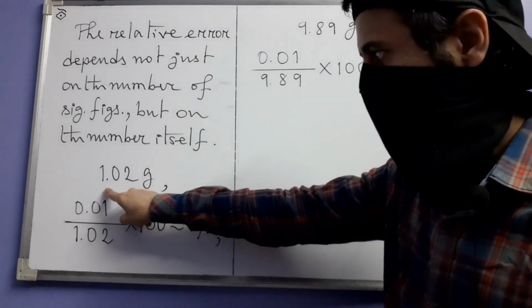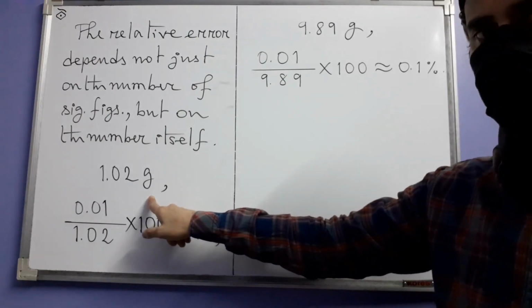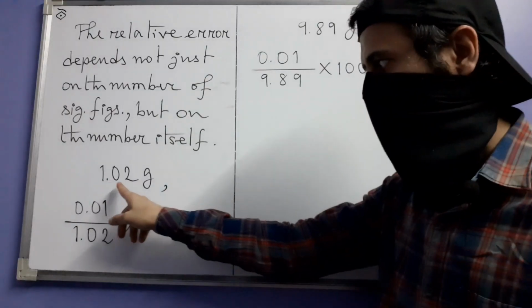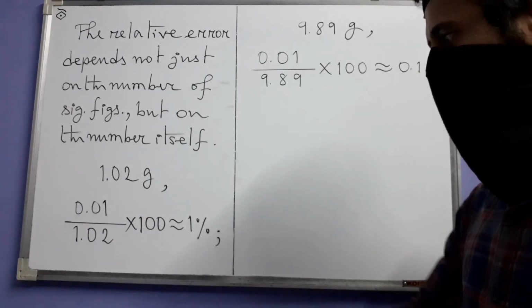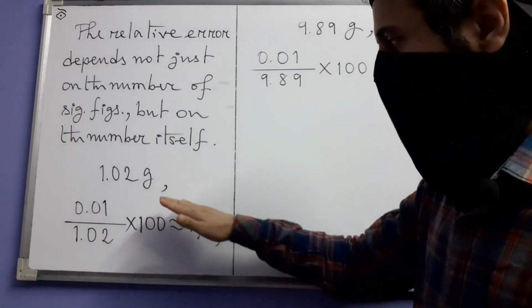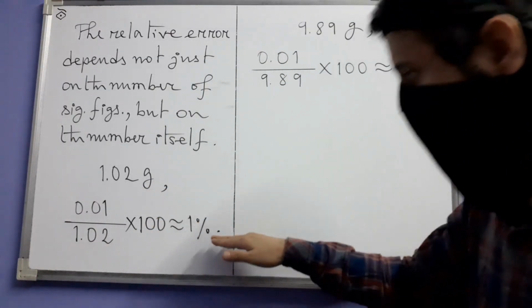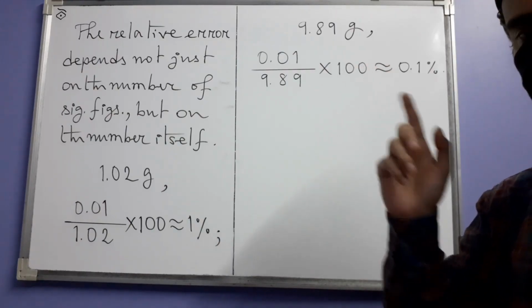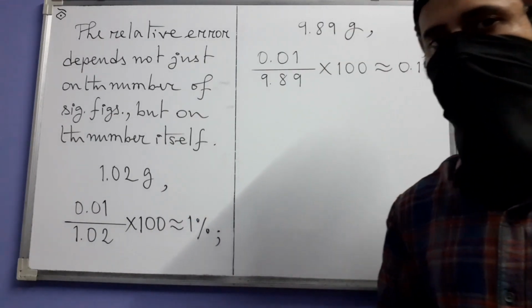For example, you have this approximate mass value measured using some kind of balance or some equipment, 1.02 gram. So if you want to calculate the relative error, and one more thing, the authors are calling this itself relative error, but I said that this is the percentage error.